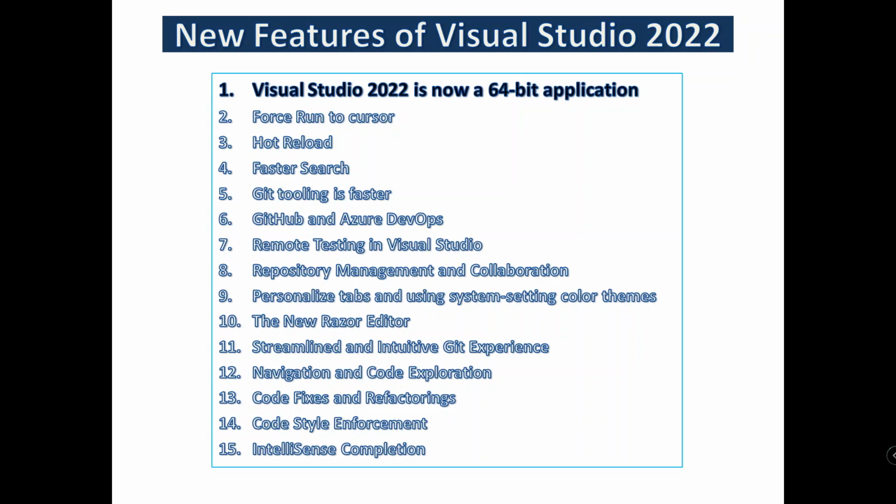Even before the 2022 version, Visual Studio could create and run 64-bit applications on 64-bit computers for a long time. But before the 2022 version, Visual Studio remained a 32-bit application itself.